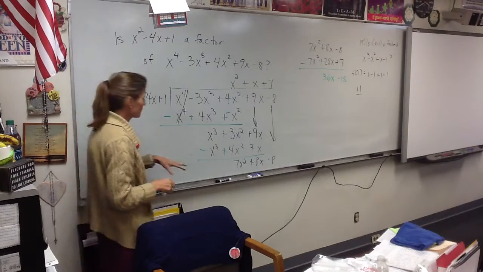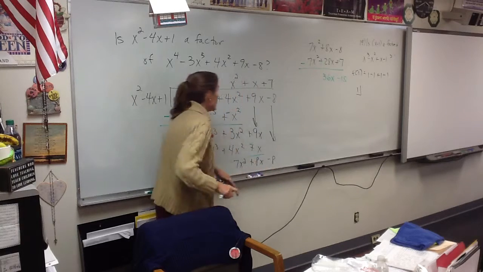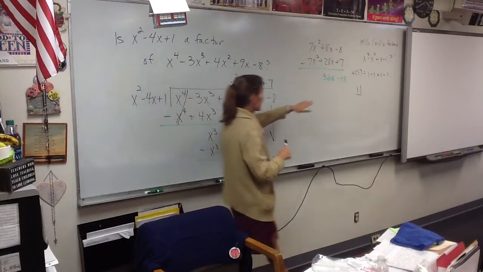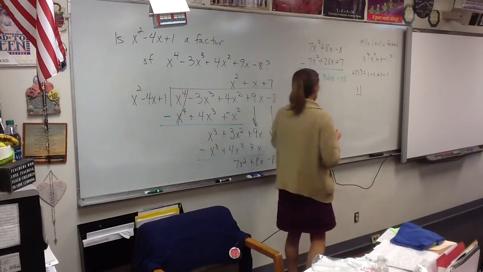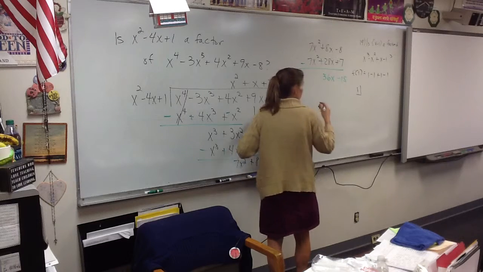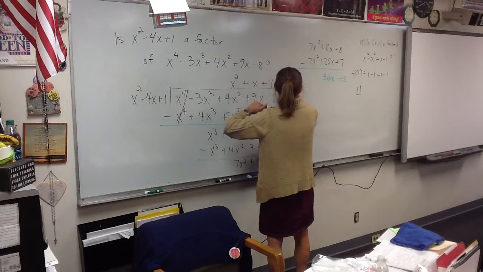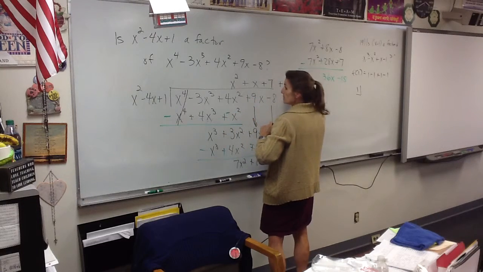Now wait a minute. I'm out of numbers to bring down, right? And there's no way I can multiply x squared by something and get 36x. So what's this? Remainder. That's my remainder. So if I'm writing a summary statement like I was in that first problem we did, it would be this.